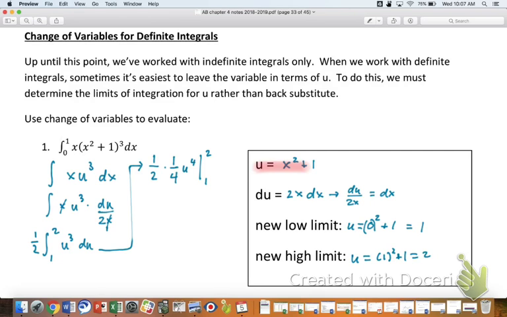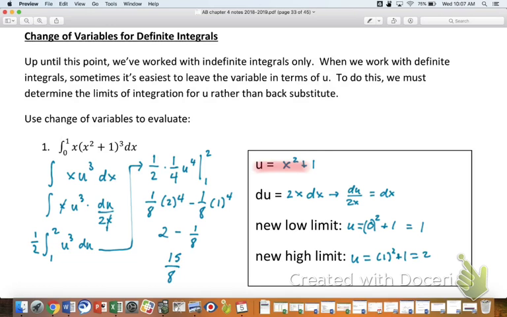And then using the fundamental theorem, I would get 1/8 times 2 to the 4th minus 1/8 times 1 to the 4th. And 2 to the 4th is 16. 1/8 of 16 is 2. 2 minus 1/8. That would give me 15/8. Okay, so big takeaway, can you guys see how this is exactly the same as what we've been doing, except we take the limits and we convert them over to u's?